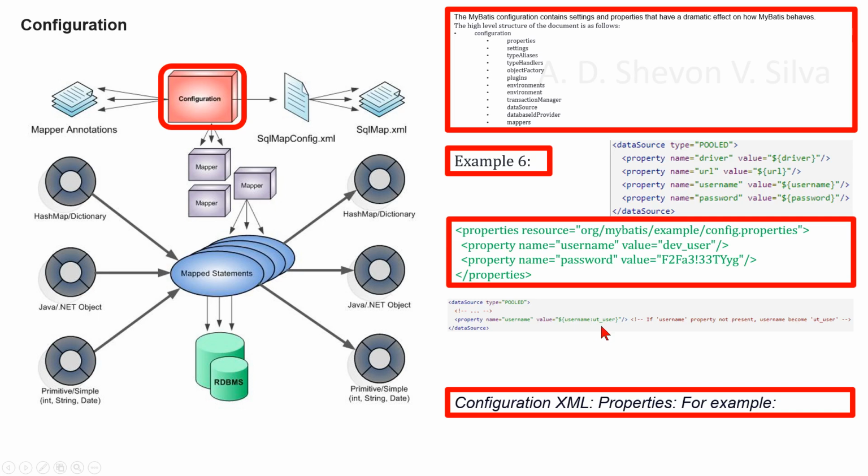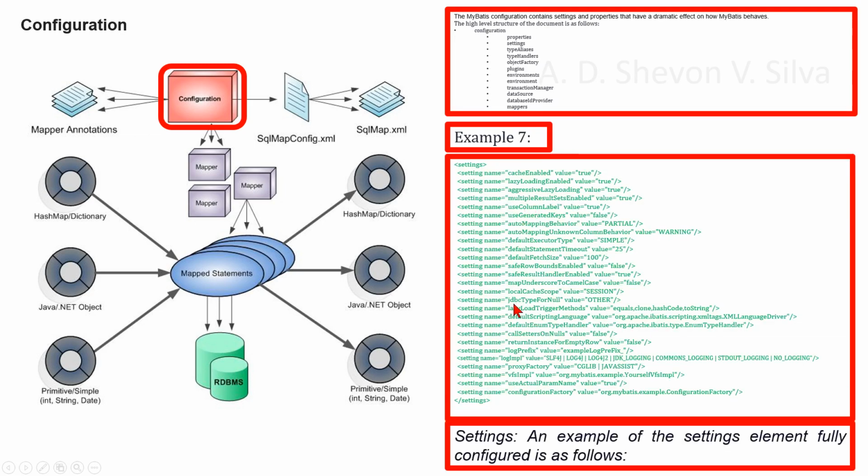If you specify a default value placeholder, you should be able to use this feature. Here, if the username property is not present, username becomes ut_user.